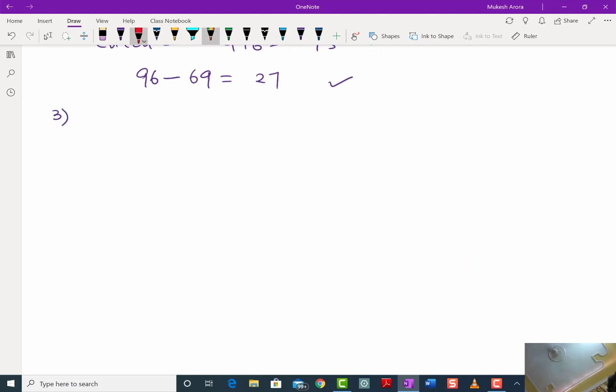Third, question number 3: the denominator of a rational number is greater than the numerator by 3. Let the numerator be x, then the denominator is x plus 3.